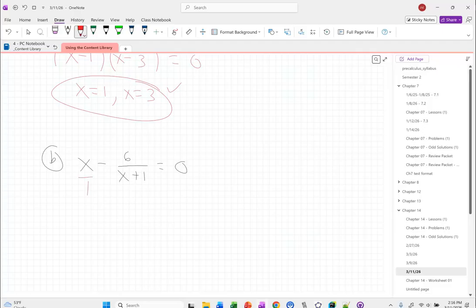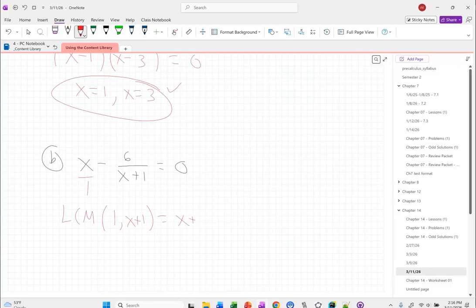What are my denominators? 1 and x plus 1. What's the least common multiple of 1 and x plus 1? X plus 1.